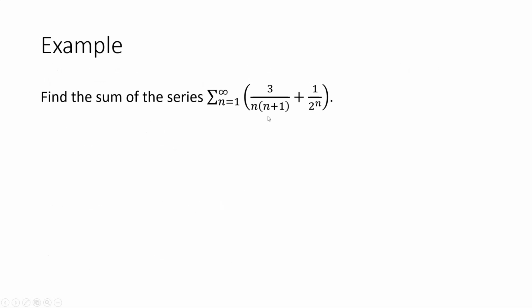Let's try an example that uses those properties. Suppose I want to find the sum of the series 3 over n times n plus 1, plus 1 over 2 to the n. Starting with the sum property, we know that here we're summing up two terms. So this would equal the sum of 3 over n times n plus 1, plus the sum of 1 over 2 to the n.